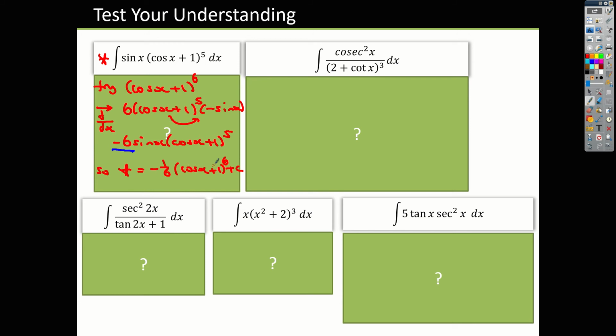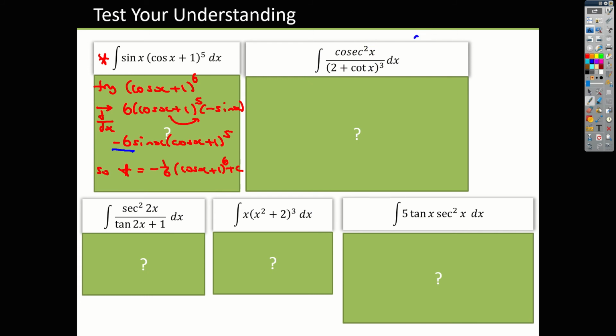And again, for all of these, if you differentiate your answer, you can check it goes back to what's up there. Right, secondly, I've got cos x squared on top of 2 plus cot x to the 3. Again, I'm trying to spot things that are derivatives of something else that appears. So I can spot here that cos x squared is roughly the derivative of cot x.